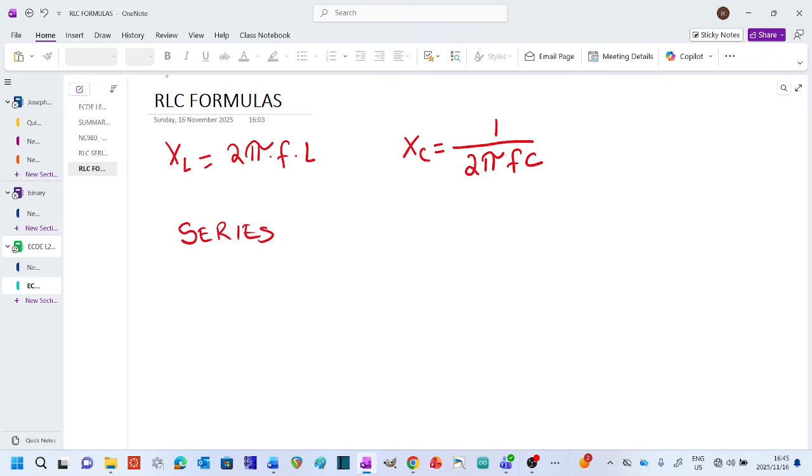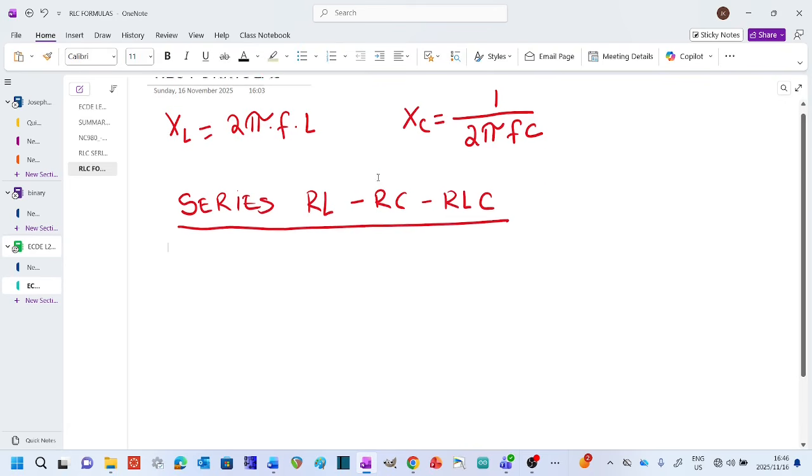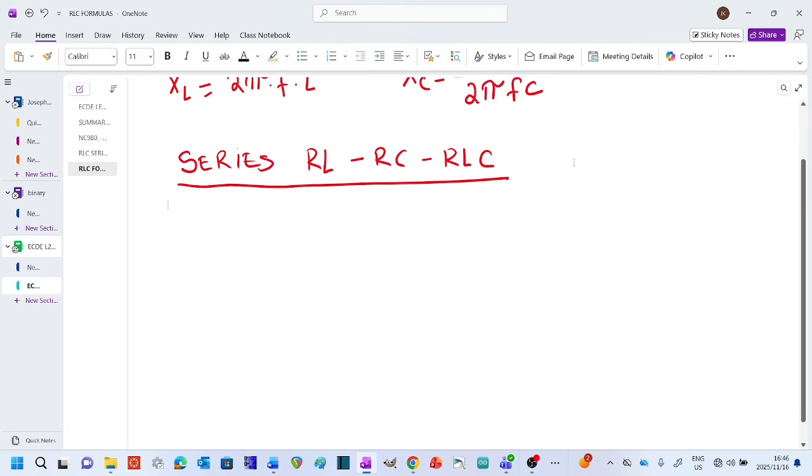So series RL, it can be RL or RC or RLC circuit. So all the three combined. So when you are dealing with the series circuits, we're going to discuss ILC later.